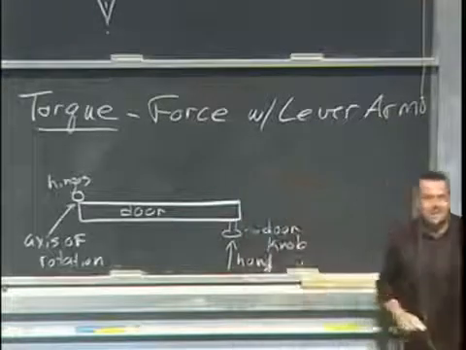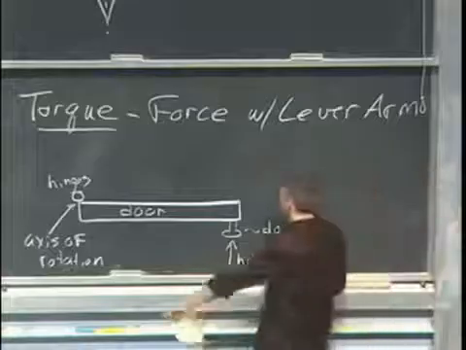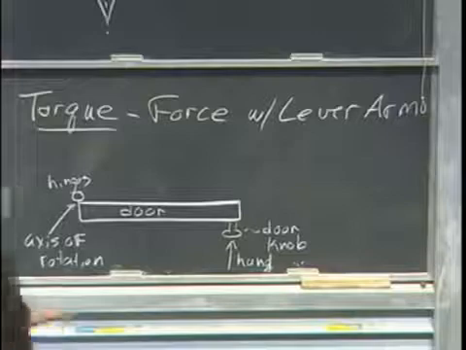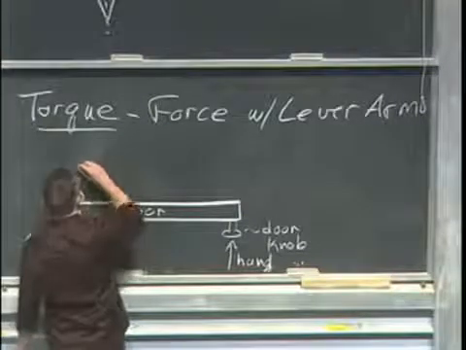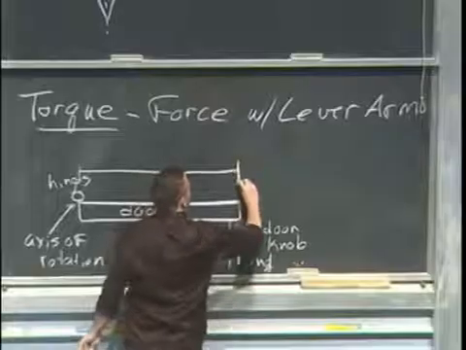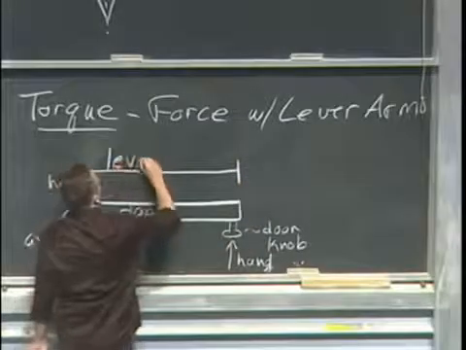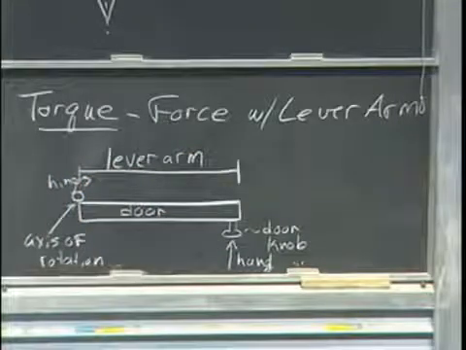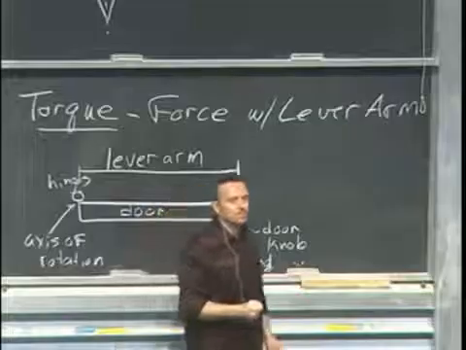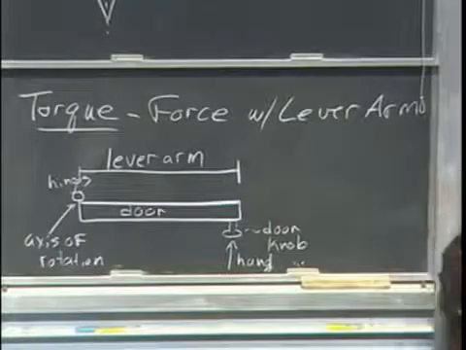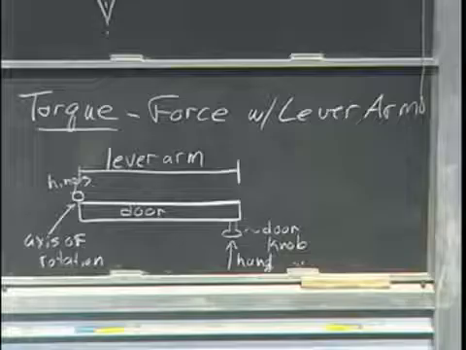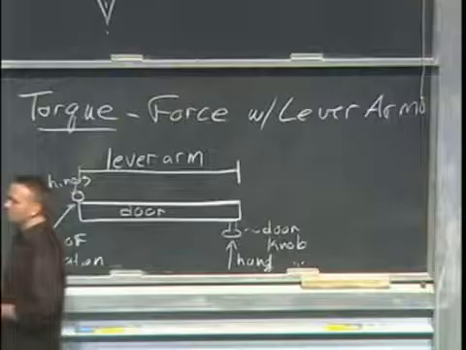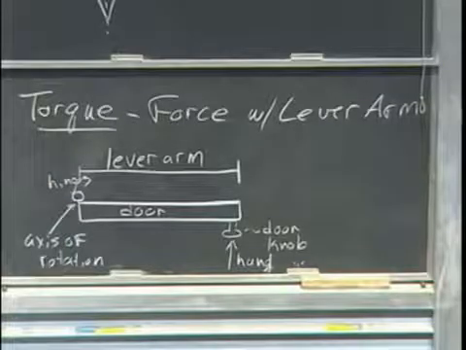And that force is acting at a distance from the hinges, from the axis of rotation, and that distance is what we're going to call the lever arm. So this distance between the hinges to where the force is applied is called the lever arm. It's how far that force is being applied from the axis of rotation. And the longer that lever arm is, I'm going to show you guys, hopefully, the easier it is to start that door rotating, or whatever object you are acting on.